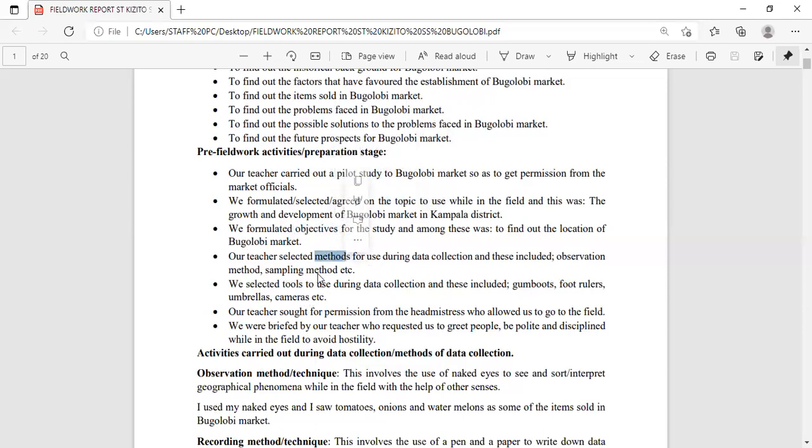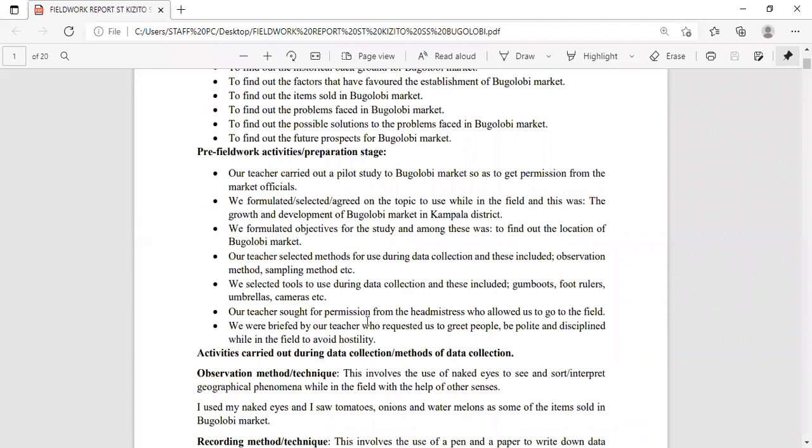But when you reach tools, seeking permission, briefing, and departure, there you can mix up. You can start with the permission and then select the tools. Maybe you can also be briefed before you seek permission. But you have to end with the departure, because you can't go before you mobilize for transport.